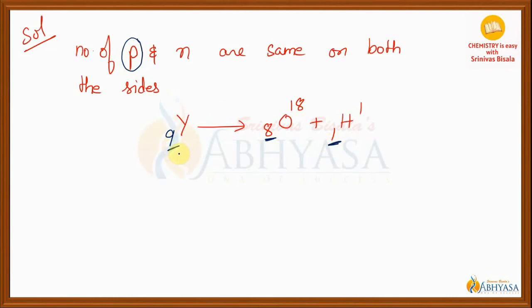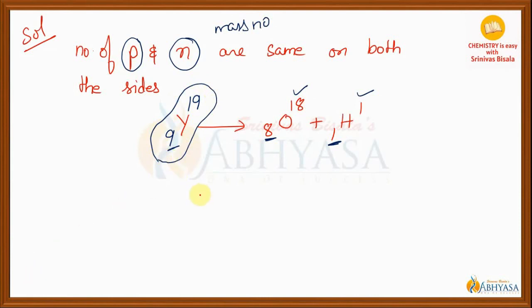And when the proton number and the neutron number are the same, definitely the mass number will be the same. So you need to add 18 and 1 to get the mass number of Y. So this is our Y, 9Y19, isn't it?